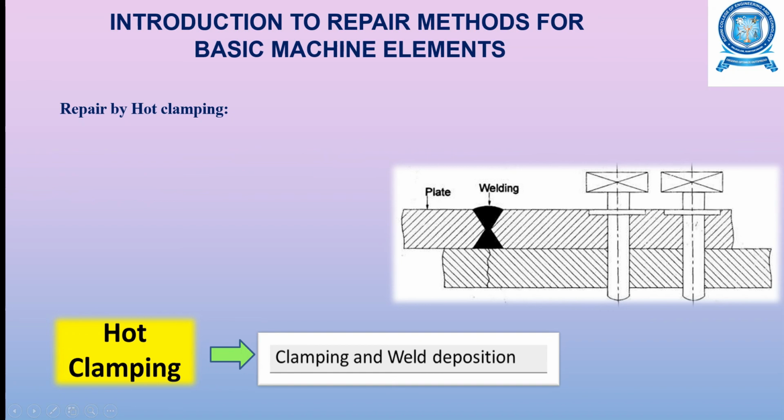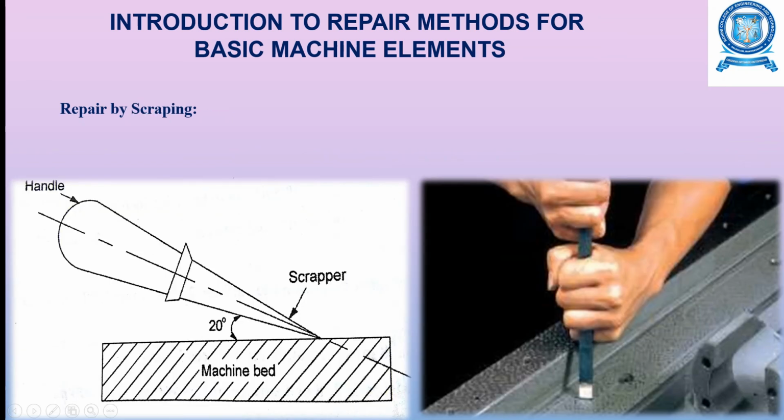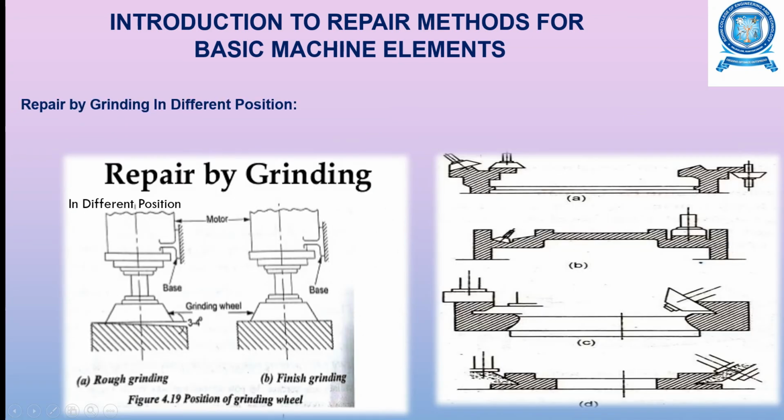So this is a method of repair by hot clamping. And next is the repair by scrapping. Here you can see the scraper is being used by this operator and is held at an angle of 20 degrees to that of the machine bed, and any extra projections are scrapped out by this scraper.